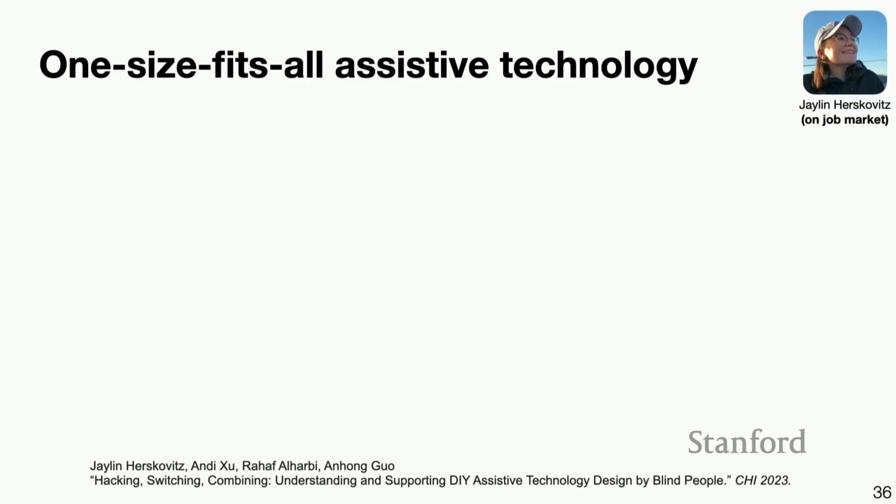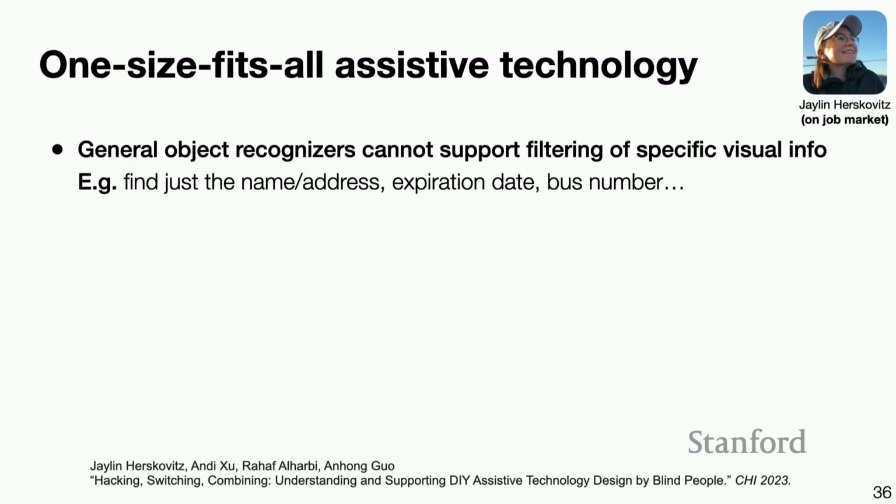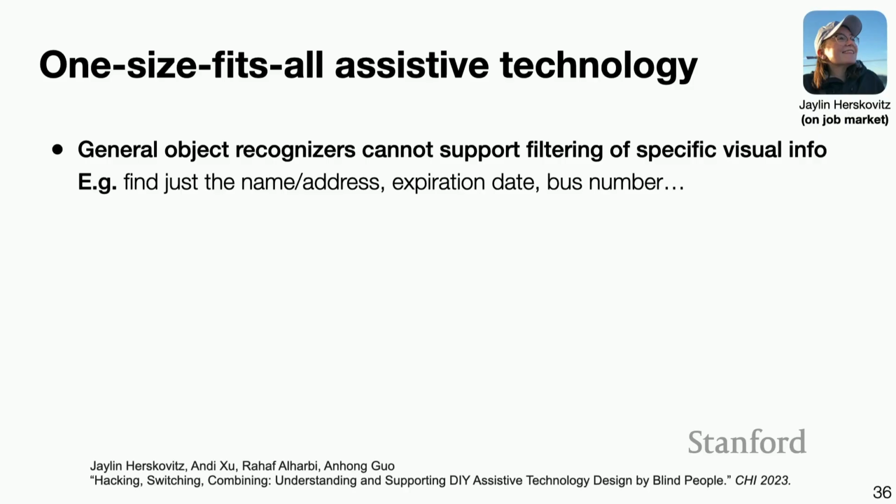We observed in this study a range of breakdowns and strategies that people have been using, right? For example, they want to find just their name or address, just the expiration date of the product, or just the number of an incoming bus. There is actually a huge variety of things that people want to filter, and that they are not able to do with the general purpose OCR or text reading applications today.